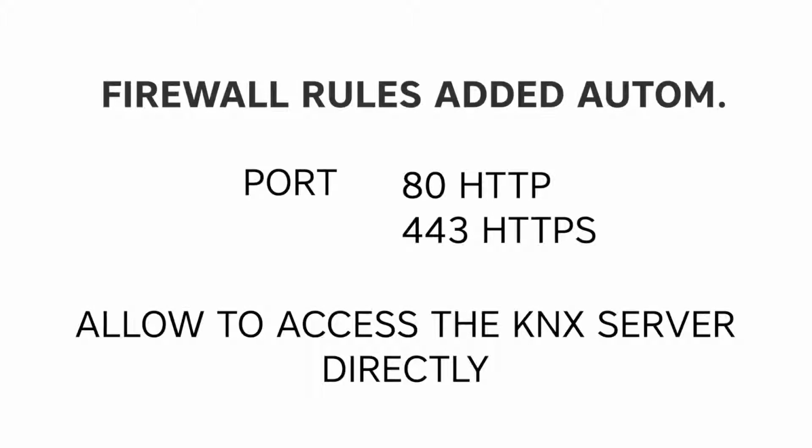In addition, 2 ports of the KNX server or KNX superior are released for access from the home LAN, port 80 and port 443. So, if you want to control your home automation via smartphone or tablet with the Optima app, you can also address the KNX server directly.